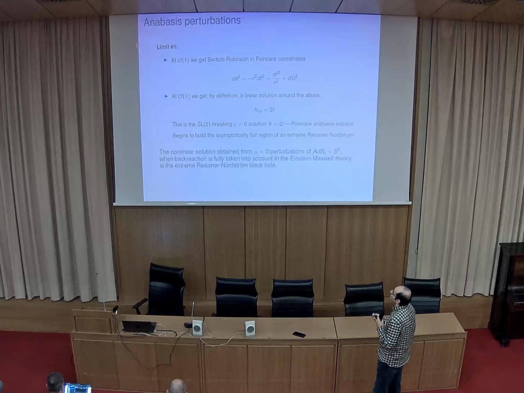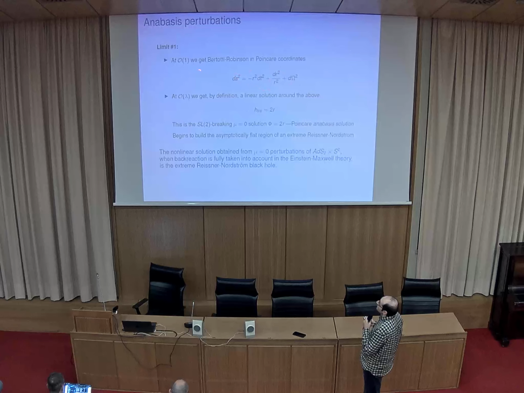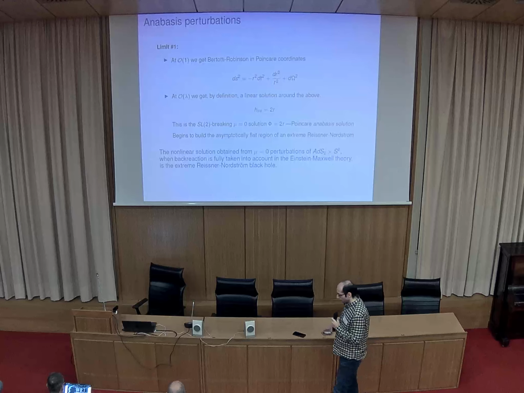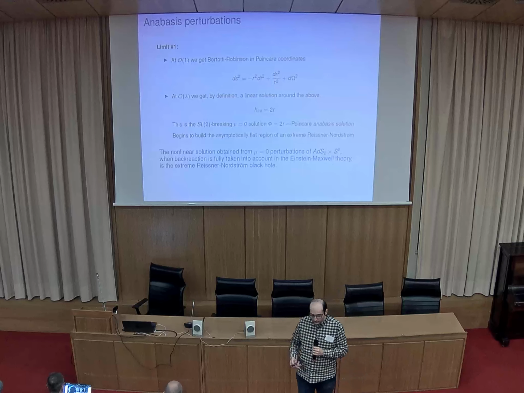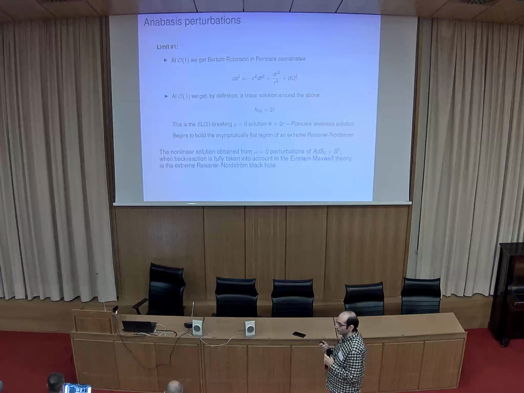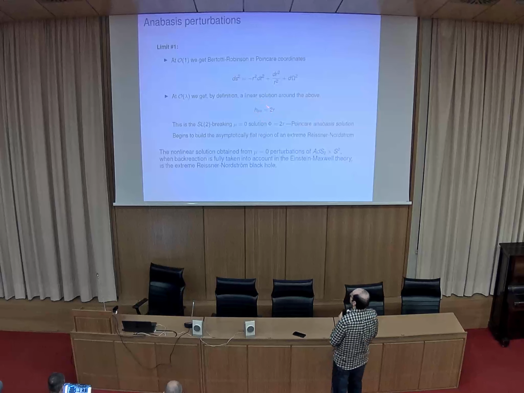And these two yield the two different mu's. So in the first way of taking the limit, you will produce your Bertotti-Robinson universe at leading order, in Poincaré coordinates like here. And then by definition, if you look at what's the first order correction of this limit, you will produce one of those perturbative solutions around Bertotti-Robinson. And what you get in terms of the theta component is this 2R here.